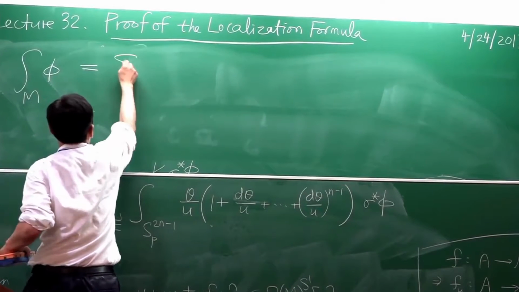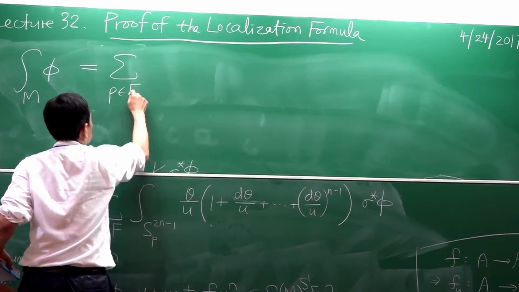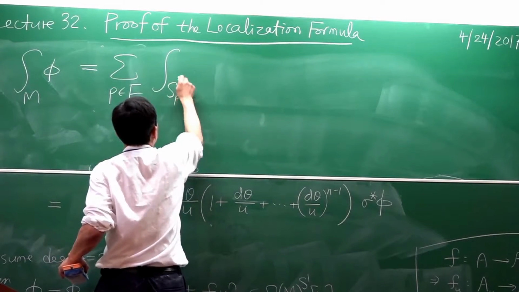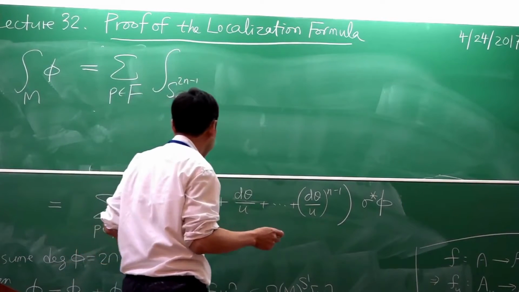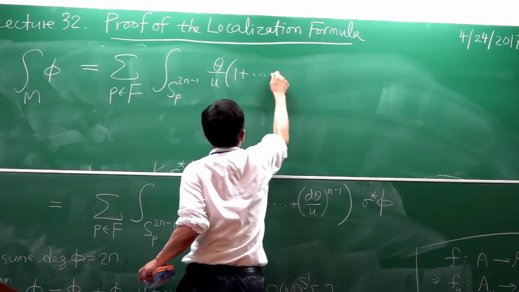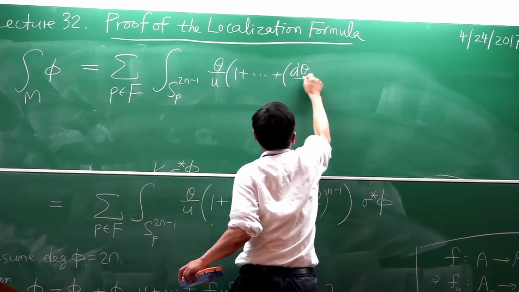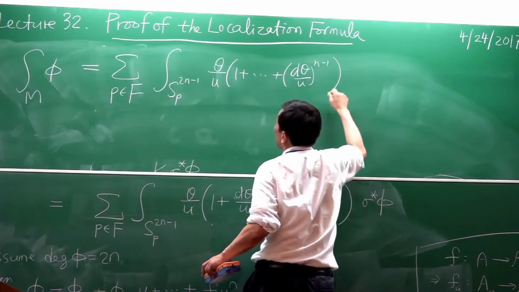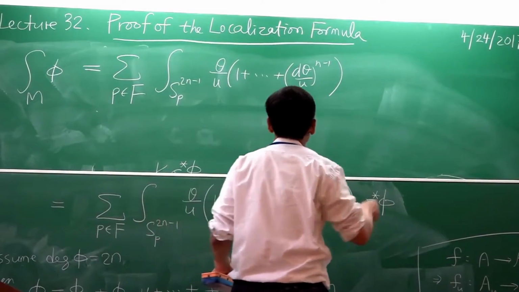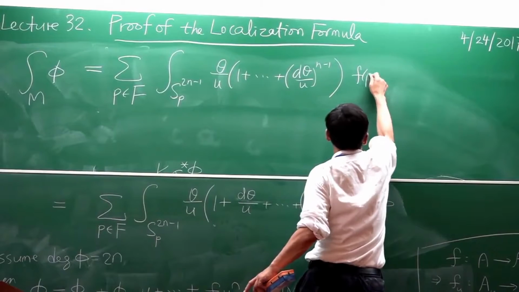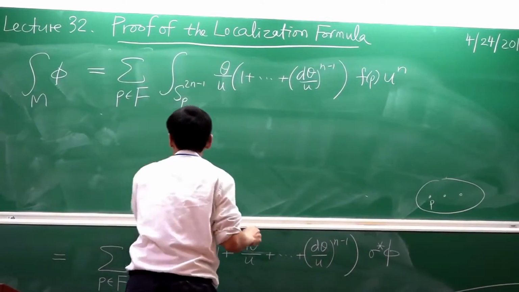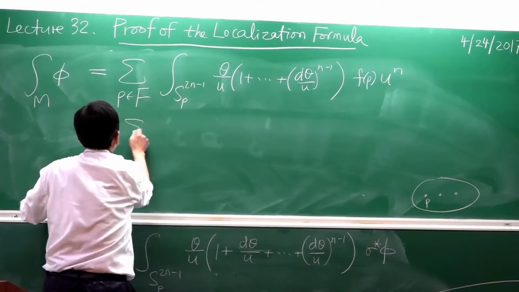It's equal to the sum over the fixed points of the integral of this times this restricted to the sphere, which is just f of p u to the n.